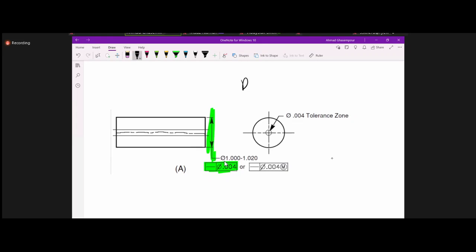So we have a derived center line in this case. And the interpretation of 4 tau is that there's a cylindrical tolerance zone, and the axis of the center line, this derived center line, has to lie within this tolerance zone, which has that diameter of 0.04.